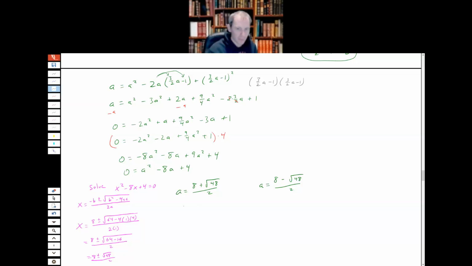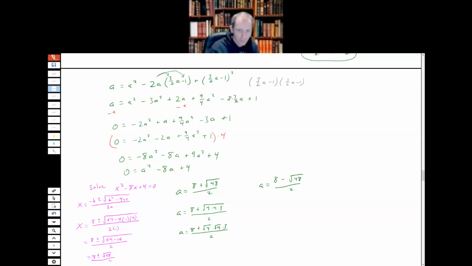I'm going to go ahead and factor this a little bit further. Now, I'll factor it all the way down, but if you only wanted to factor a 4 out, that would probably be okay. Square root of 12 isn't really a bad thing. But I'm going to go ahead and write this 48 as its factors. So I know that there's a 4 in there I could factor out because this is 4 times 12. And 12 I can write as 4 times 3. So I can break square roots up over multiplication. So this is like 8 plus the square root of 4 times the square root of 4 times 3.